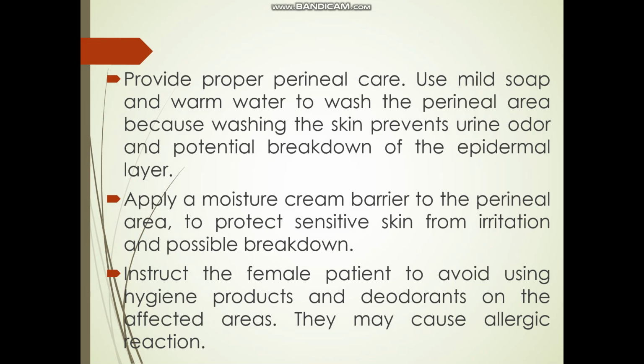It will prevent urine odor on one side, and it will prevent potential breakdown of the epidermal layer. We should apply moisturizing cream as a barrier so that it can provide a protective effect. It can prevent the irritation as well as possible breakdown.